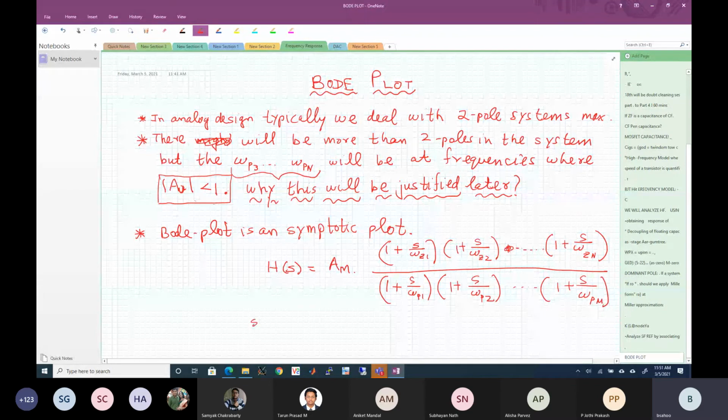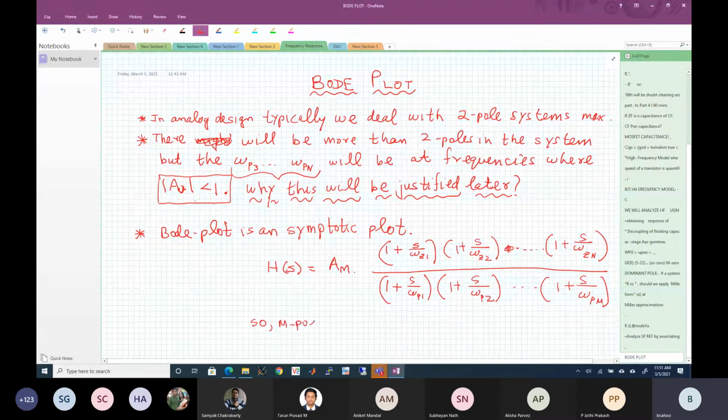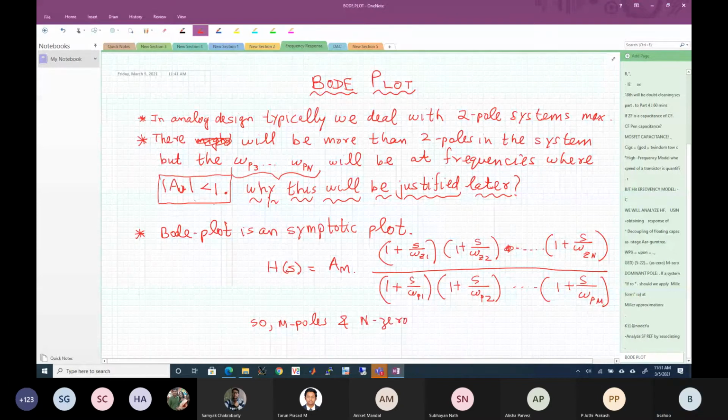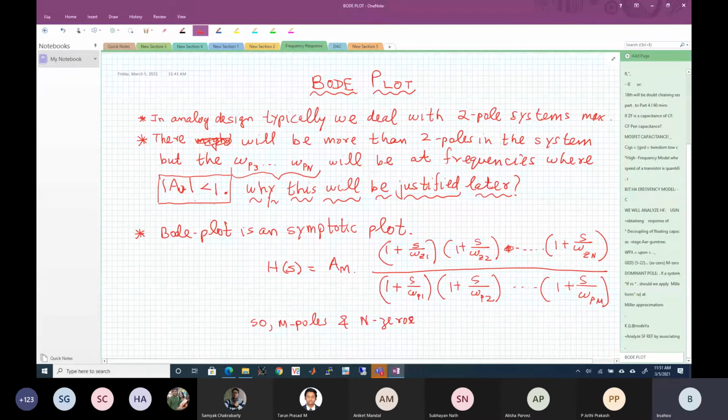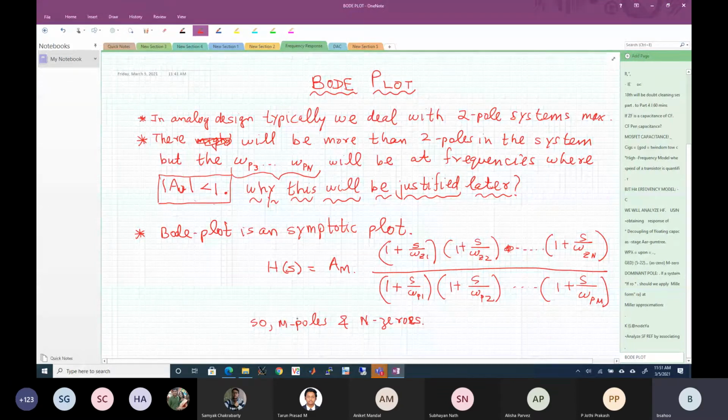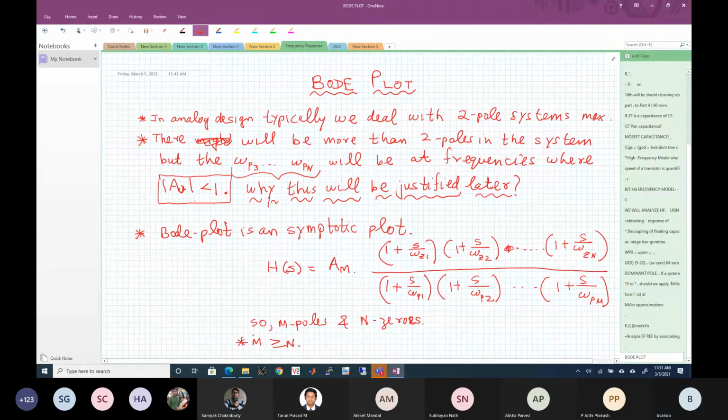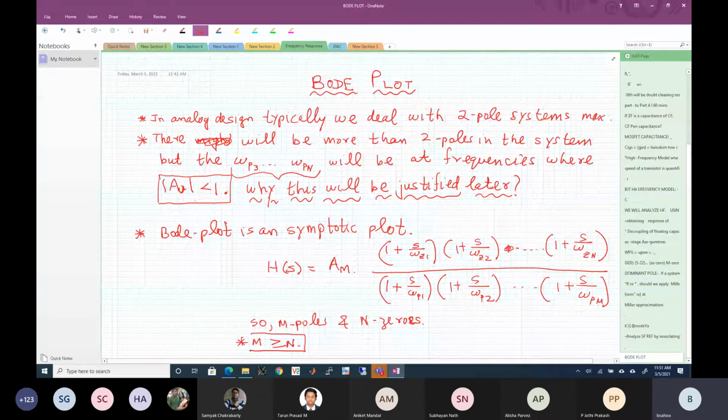So m poles and n zeros. Always m will be greater than or equal to n. That is important in the system.